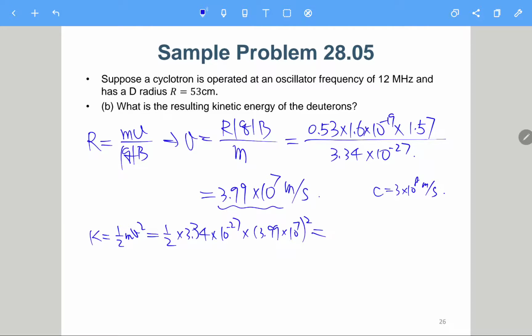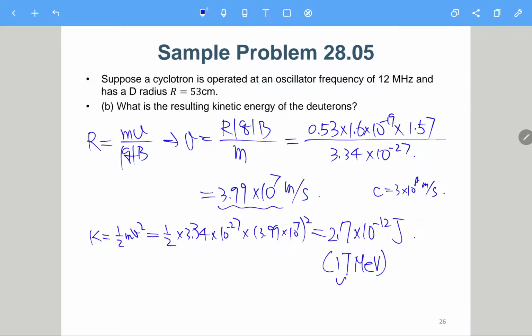So it should be 2.7 times 10 to the minus 12 joules. And if we divide this by 1.6 times 10 to the minus 19, it is 17 mega eV.